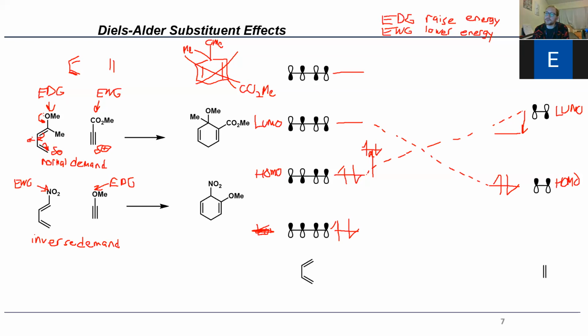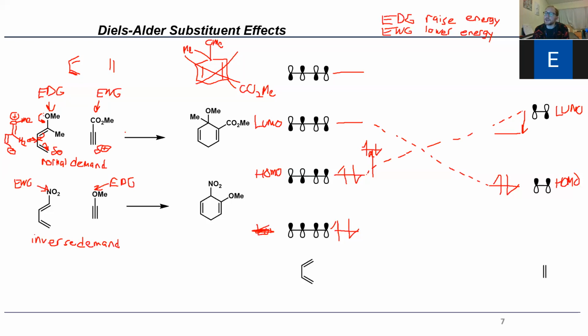And so you could imagine this resonance structure. And so we see in this resonance structure, we put negative charge on this terminus.